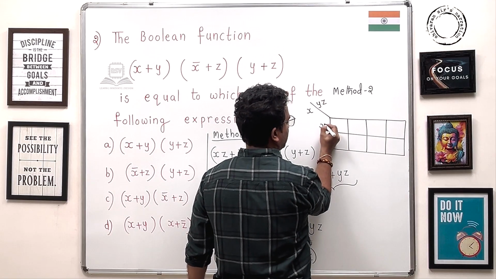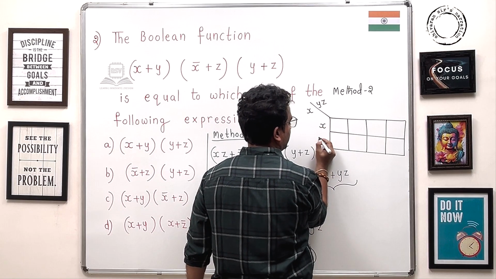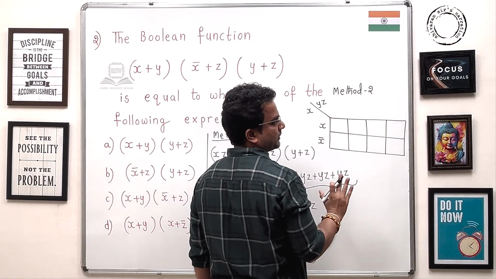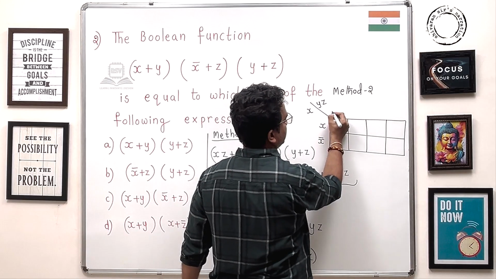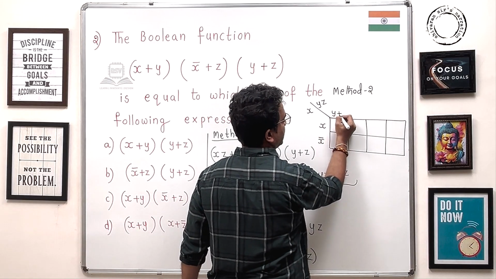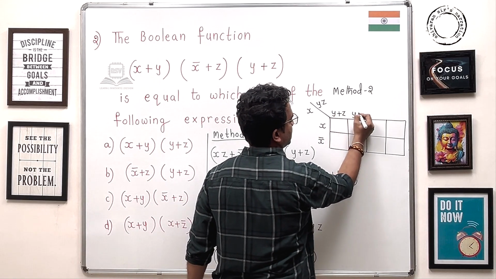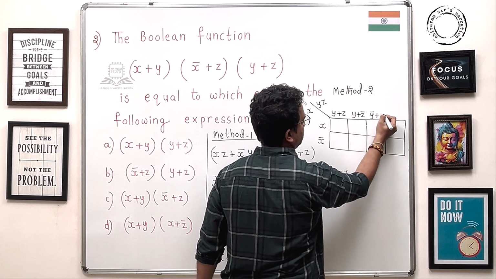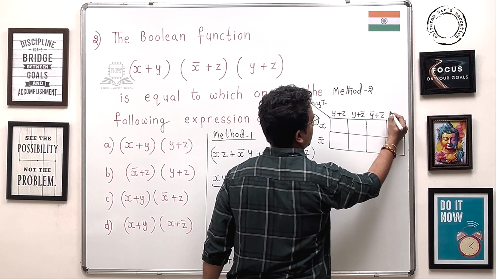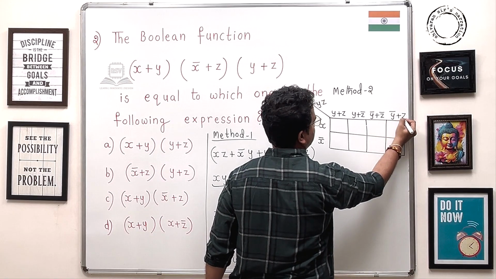This is x bar in POS format, because the given expression is POS. Now it is y plus z, y plus z bar, y bar plus z bar, y bar plus z.